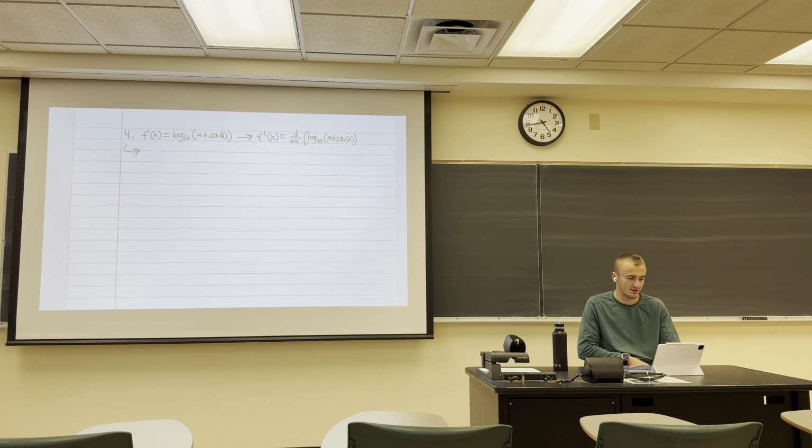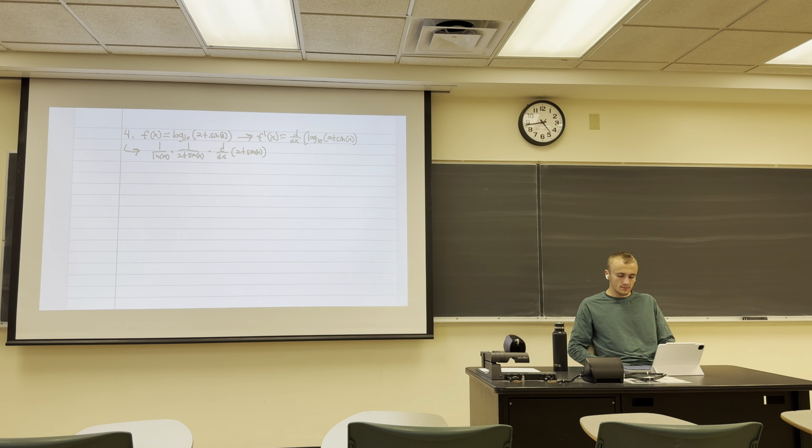So d dx of log base 10 of 2 plus sine of x. So now we have to take the derivative of this, and this breaks down into two different parts, which is 1 over ln of 10 times 1 over 2 plus sine of x times d dx of 2 plus sine x.